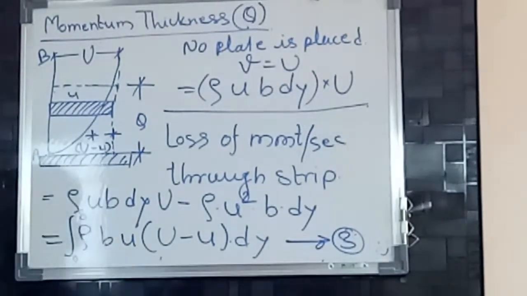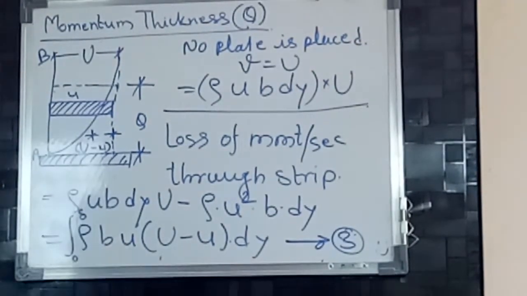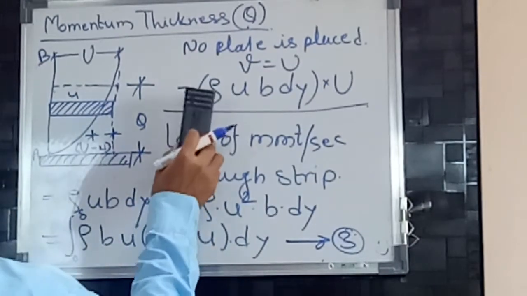Okay? Now next, let theta be the distance by which the plate is placed when the fluid is flowing with a constant velocity. The loss of momentum per second at a distance theta with velocity U. So what is that equation?